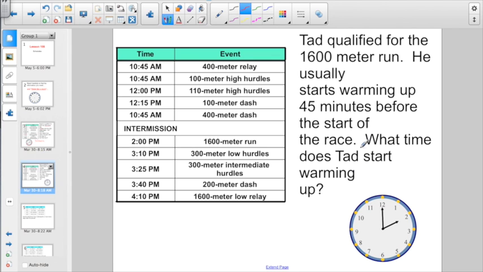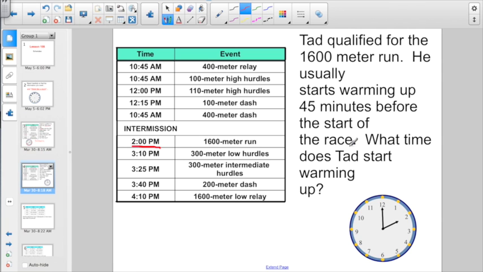So let's go ahead and find the time for the 1,600-meter run. There it is, starting at 2 p.m. And as you see, I put hands on the clock at 2 p.m. But he wants to start warming up 45 minutes before the start of the race. What would be 45 minutes before 2 p.m.?